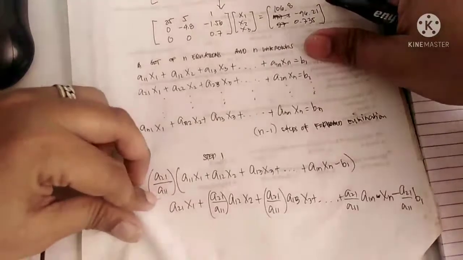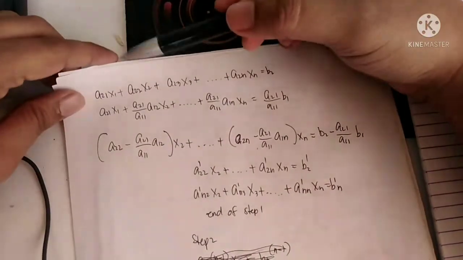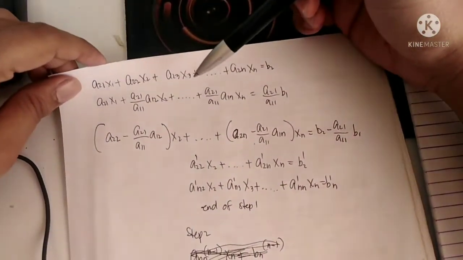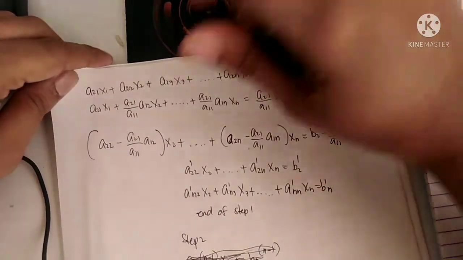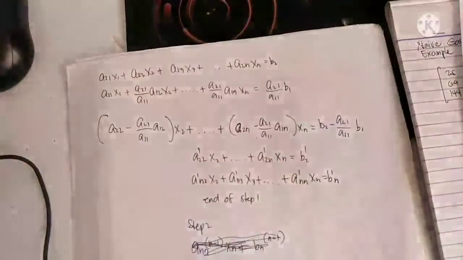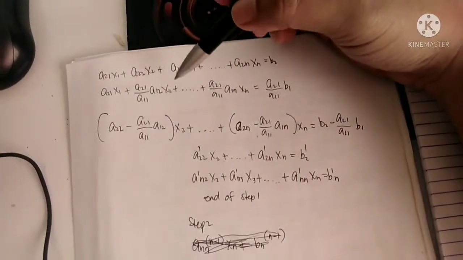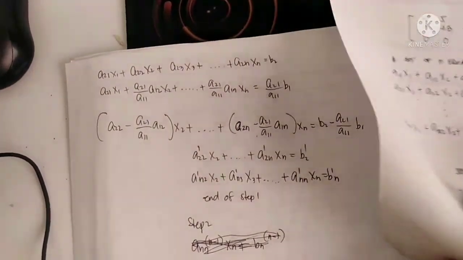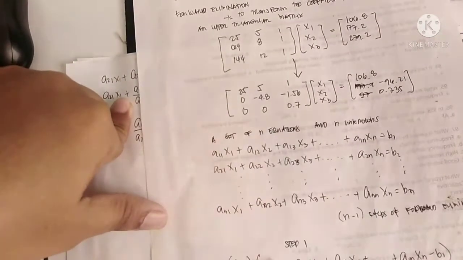After you multiply equation 1 with that multiplier, subtract the resulting equation from the second equation, and continue until the last equation, a sub n.